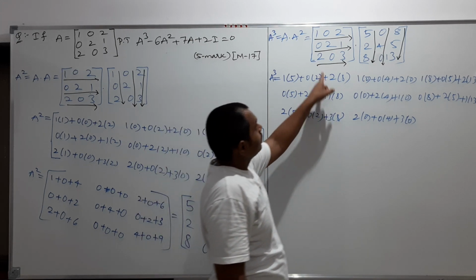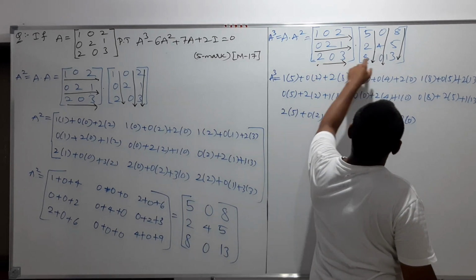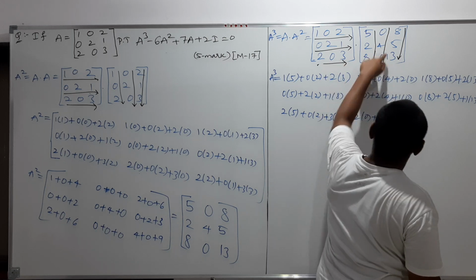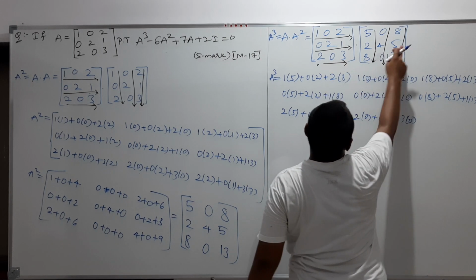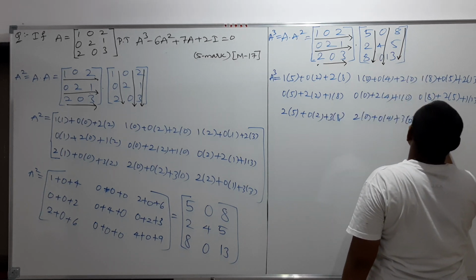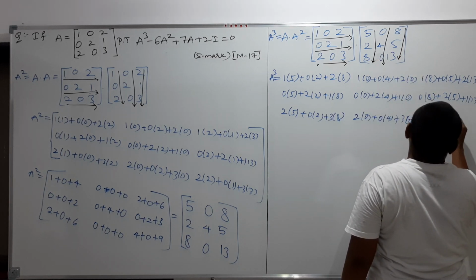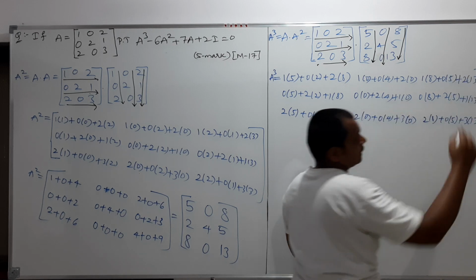Clear? Next, third row third column, 2 into 8 plus 0 into 5 plus 3 into 13.